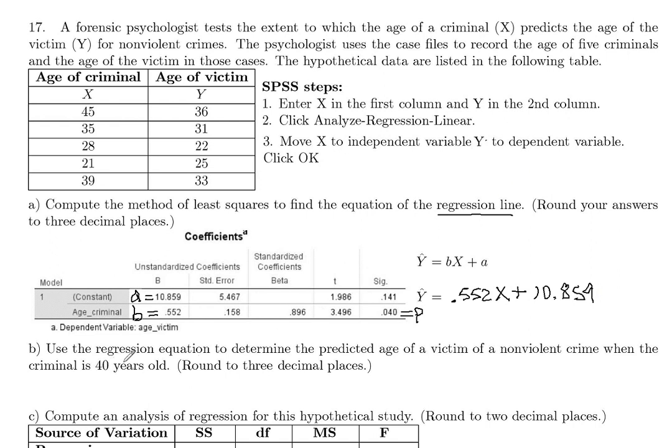So now we want to use that regression equation to determine the predicted age for a victim of a nonviolent crime when the criminal is 40 years old. So this is saying that x equals 40, and then the predicted age is going to be that y hat. So the y hat value then is going to be equal to 0.552, and then we take x equals 40 and plug it in, and then add on the 10.859.